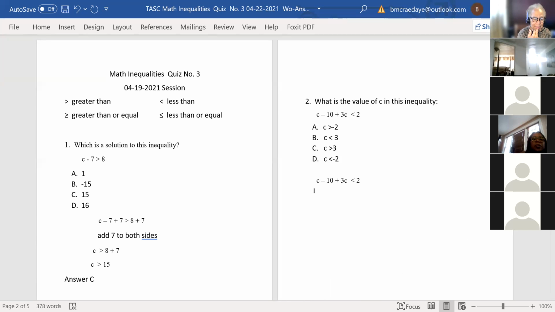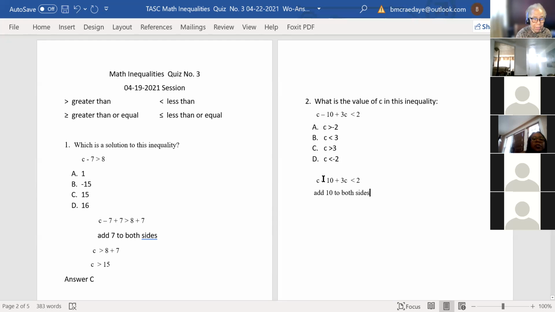That's a subtraction, right? Yes. So you will do the opposite of the subtraction, which is what? Subtraction is addition. So what would you do? We're going to add on both sides. Add what? 3. No, sorry, 10. Okay, that's right. Very good. You're going to add 10 to both sides.